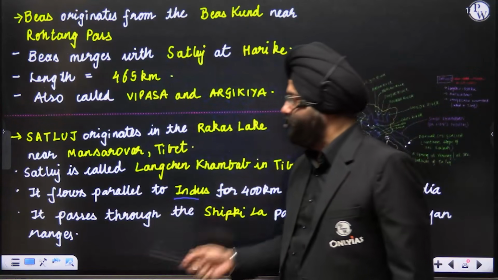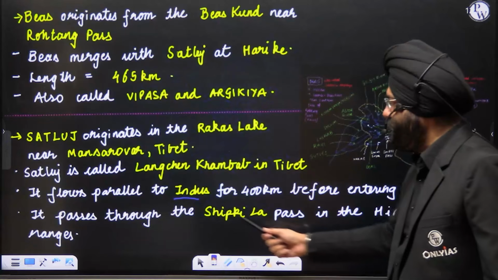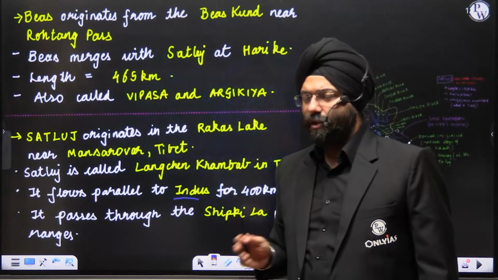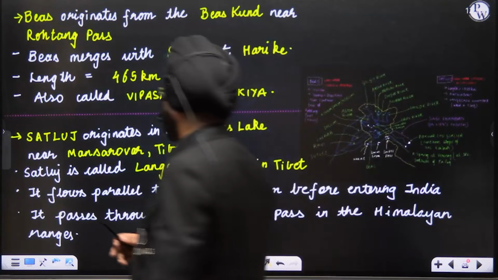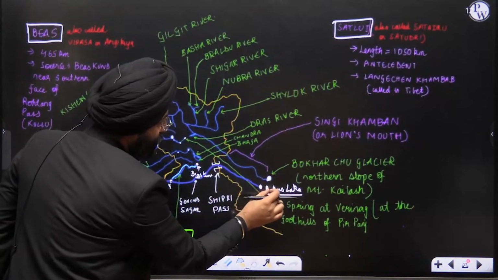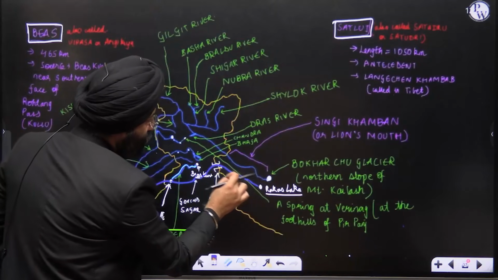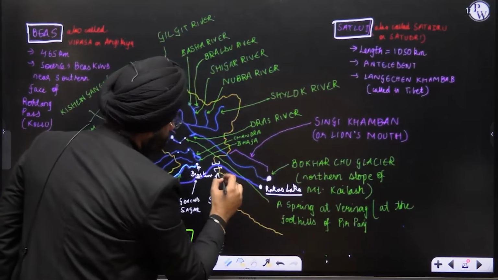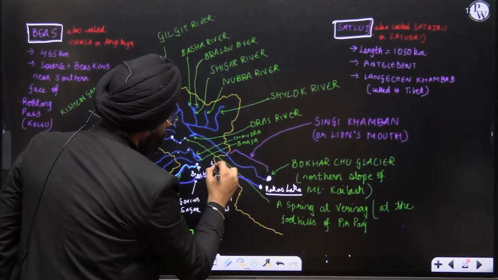It is flowing parallel. It passes through Shipkila Pass in the Himalayas, that is in Himachal Pradesh state. You have this Shipkila Pass. Now see here. It rises in the Rakas Lake near the Mansarovar in Tibet. It moves. It passes through the Shipkila Pass.